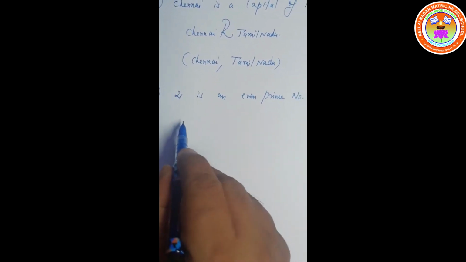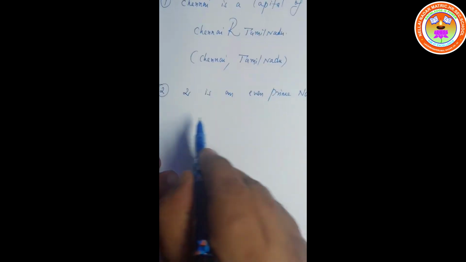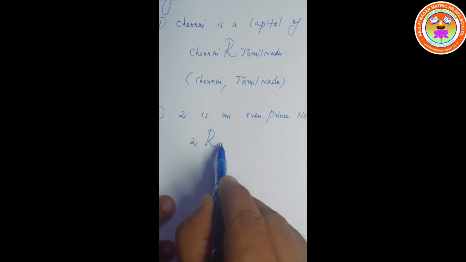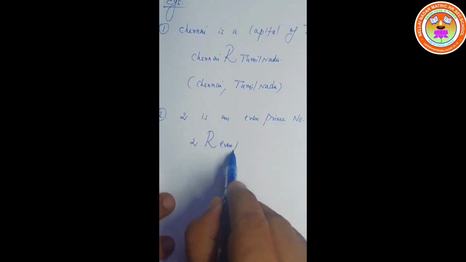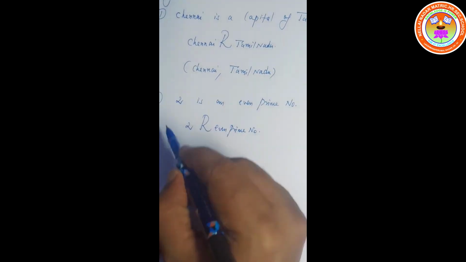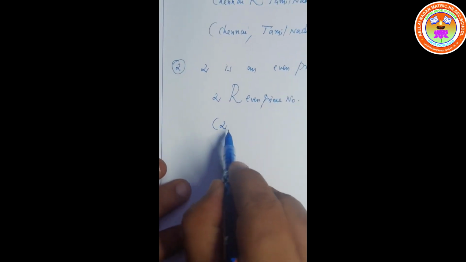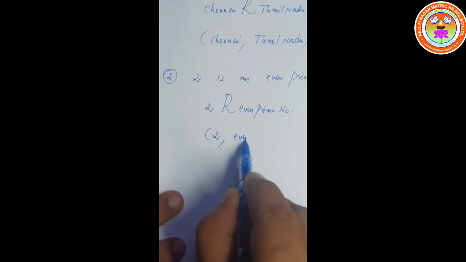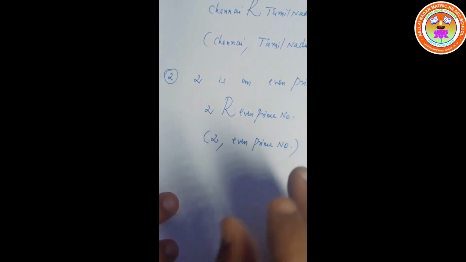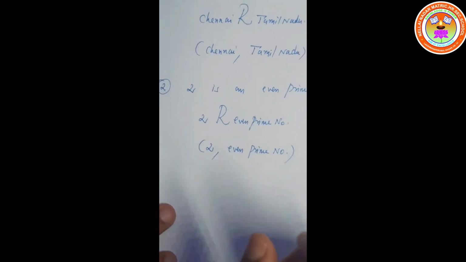So there are two objects, one is 2, another one is even prime number, both can be related. 2 is related with even prime number. Okay, this can be written in the set of ordered pairs 2, even prime number. I hope that it's very simple. I hope that you have understood the concept of a relation.